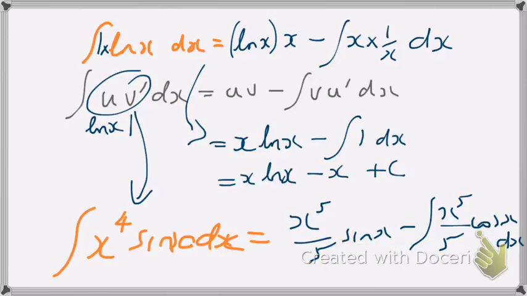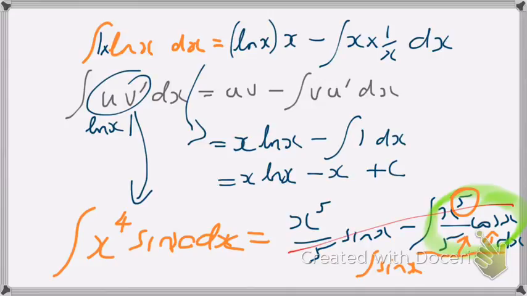Now the point is that this is basically further away from what I want it to be, because the power of x has gone up. So I'm going to need to use parts again because I've got a product of two things that are unrelated. Really what I'm trying to do is get rid of all the x's, because if I can get rid of all the x's at the end, I'll just have the integral of sine, or the integral of cos. Either way I can do it. So that is the wrong thing to do there.